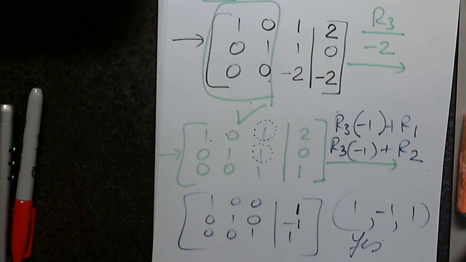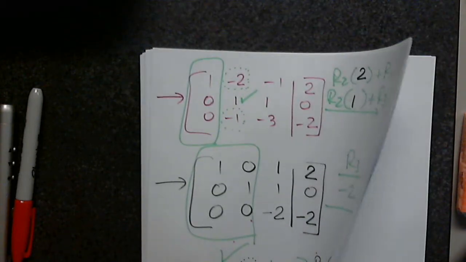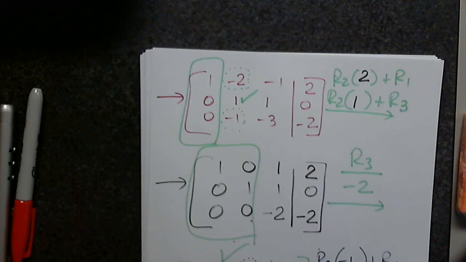Okay? It's not a difficult method once we understand it, but it needs a lot of practice, however. Do we need another example or do we move on? We do one with more rows. No, just 3 is enough. There are some problems in the problem section.